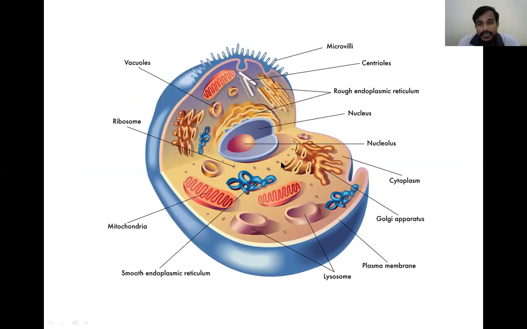So here you can see different proteins are synthesized in the cytoplasm, and from the cytoplasm they are translocated into the mitochondria, lysosomes, nucleus, endoplasmic reticulum, or Golgi apparatus.